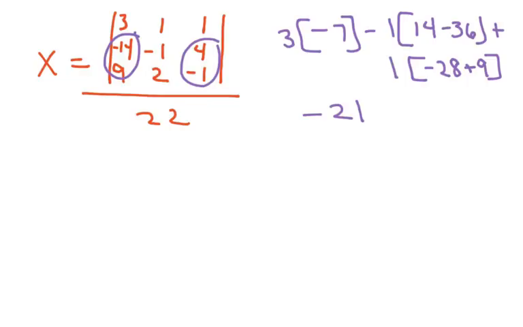And this equals -22, so it's plus 22. And -28 plus 9 is -19, so that's going to be plus 19. 1 times 19, yeah. Wait, minus 19.